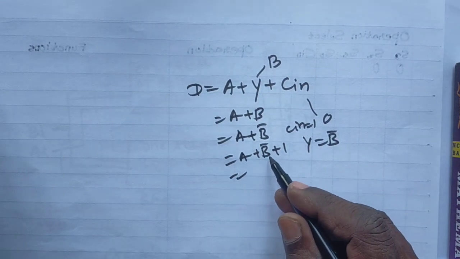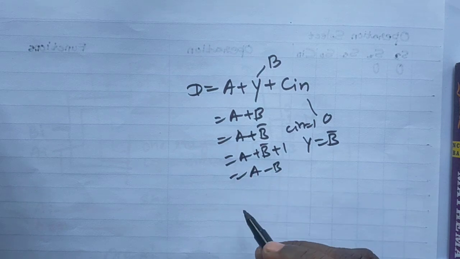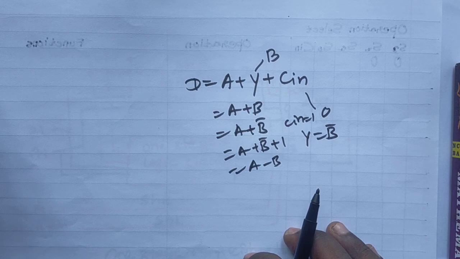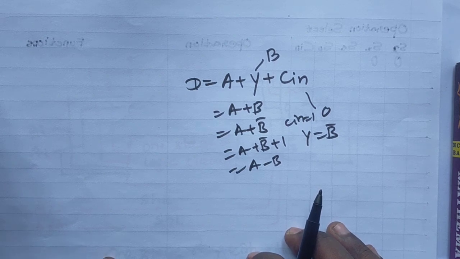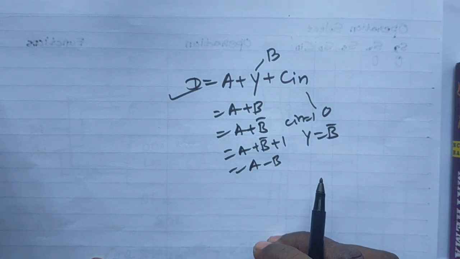In that case we know that B complement plus 1 means minus B, that means A minus B. Like this, different operations we have already discussed for arithmetic circuits. In one lecture I also explained this; you can also see those videos on how this particular standard equation defines different arithmetic operations.